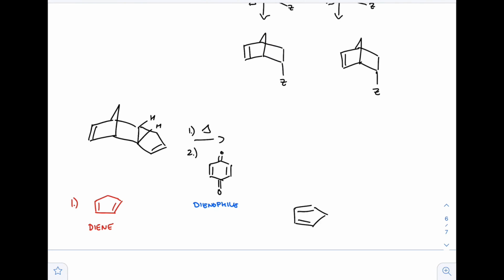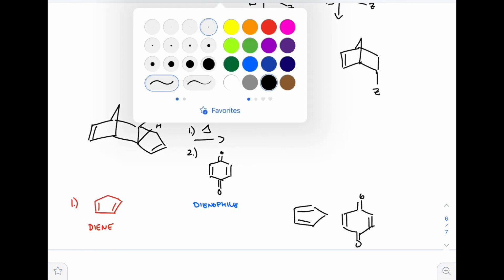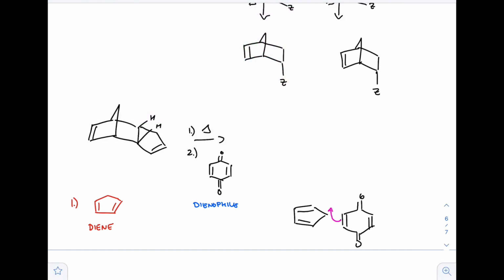Again, this is a distillation. I don't want you to think this is a one-pot synthesis where you just heat it all together. I guess technically you might be able to, but that's not how it's done. That would just be a disaster in terms of purification. And so here we go. We form the diene, and then we react with the dienophile, and then we get a bridged compound.